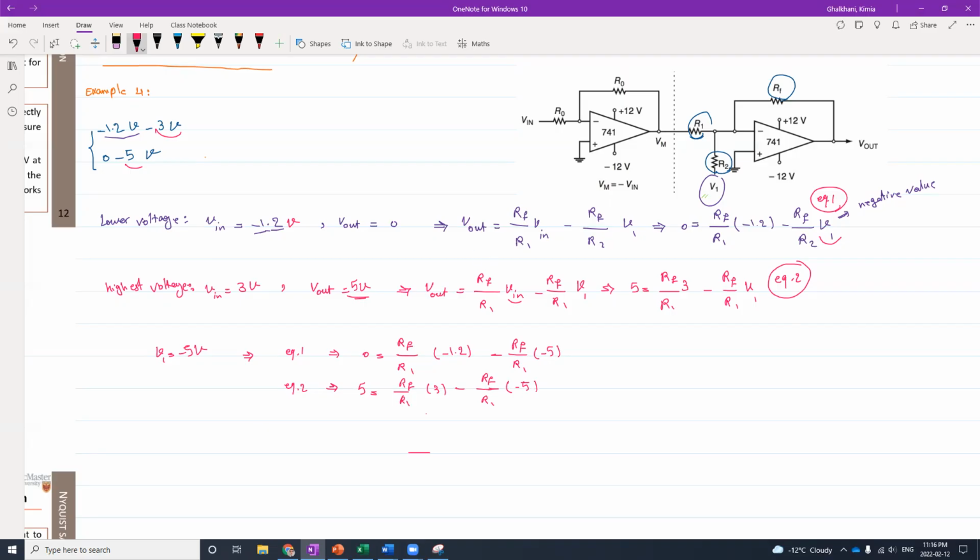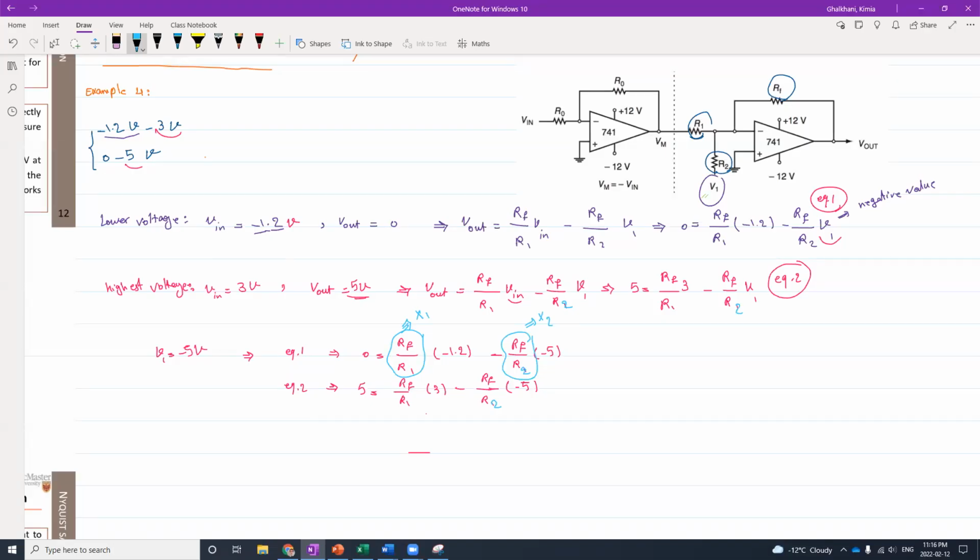Now, using these two, I'm going to make an assumption. For example, I'm going to assume this term, RF over R1, is going to be equal to X1, and RF over R2, also R2 here, sorry for the typo, is going to be X2.